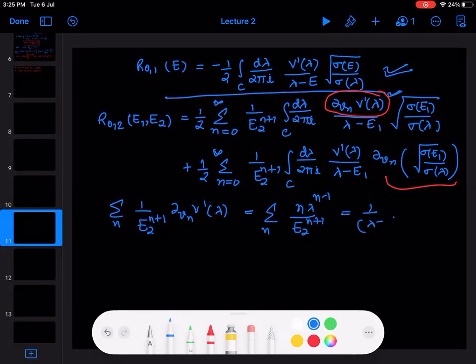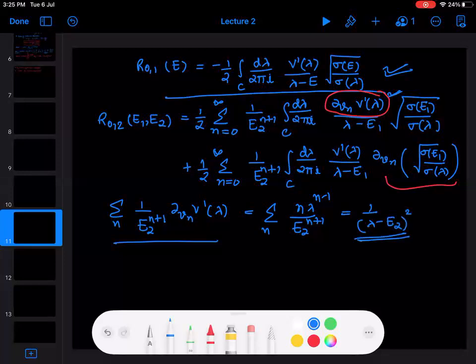So this we can write like this. Okay, so in the first term, you can use this relation, and it will introduce a second order pole in your integral. Then we need to evaluate this derivative. So I'll just write the expression for this.